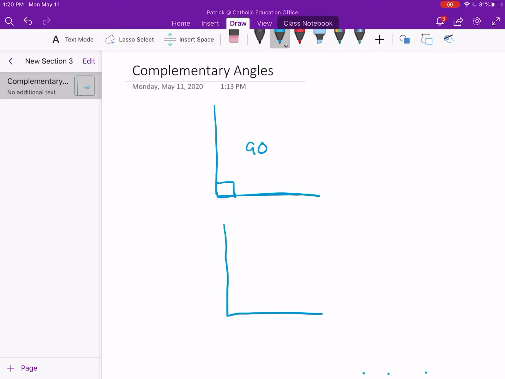So if I have a question, and let's erase that for a second. Let's say it's like this, and it says this angle here is 40 degrees, and then the question is, what is this part of the angle? Well, just like in supplementary, we know this whole thing, from here to here, is 90 degrees.